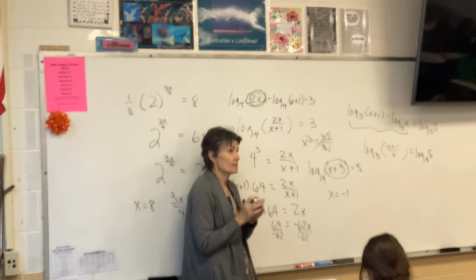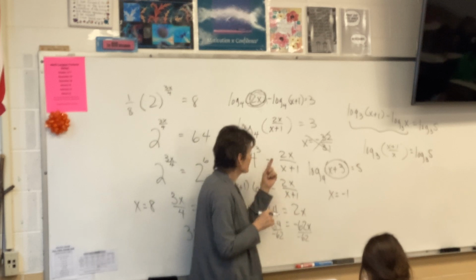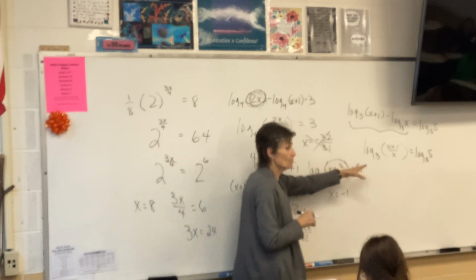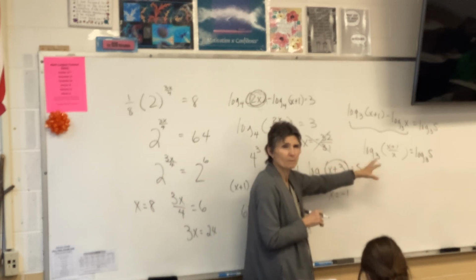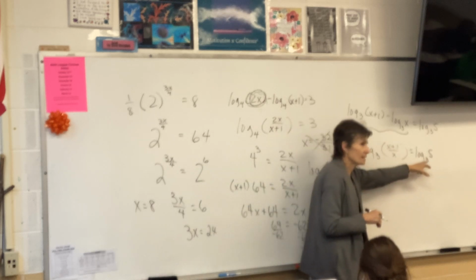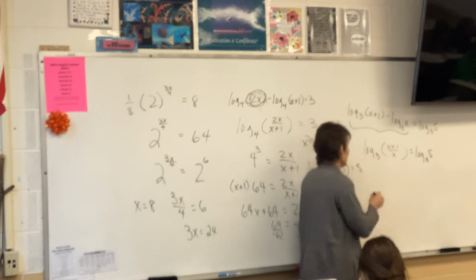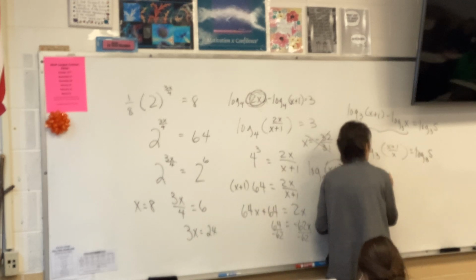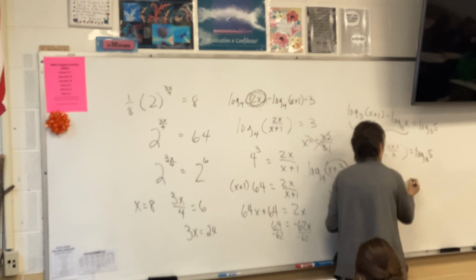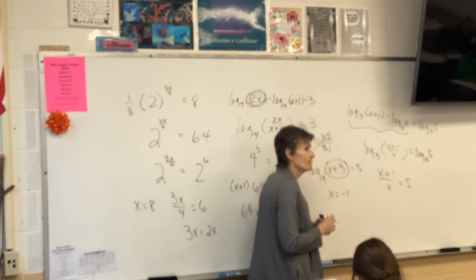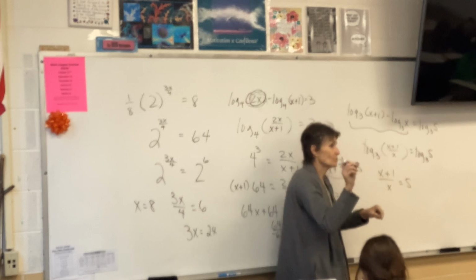Okay, now, this is where it's different than the last one, because when we did this last time, we did the loop-de-loop. We're not gonna loop-de-loop this, because it wouldn't make sense, since that's not a number over there. So what do we do instead? Cancel logs. We can cancel these out, and we have x plus 1 over x equals 5. We only cancel those out because they're the same, because it's log equals log.